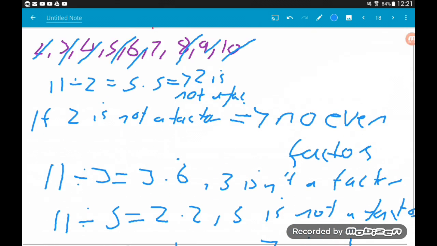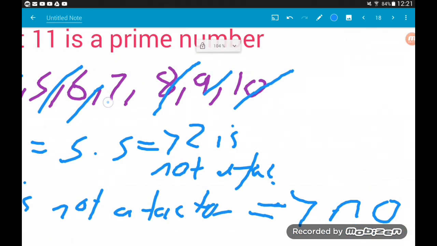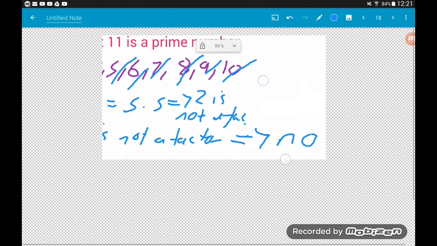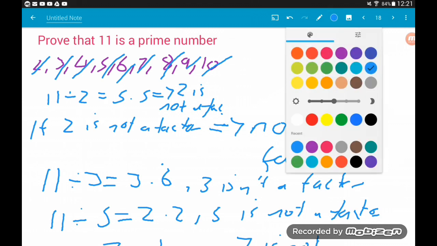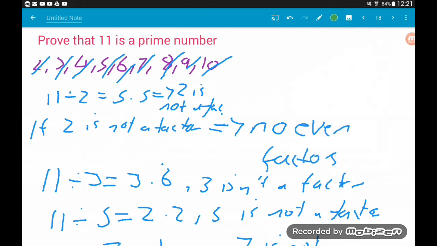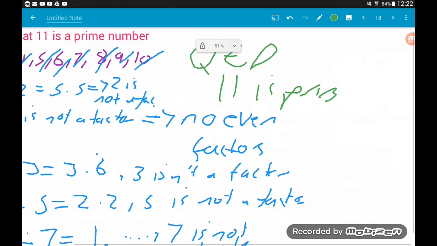So, what we've done, we've now crossed off every possibility in our list of potential factors. None of them are a factor. So, end of proof. QED, 11 is prime, as we already knew.